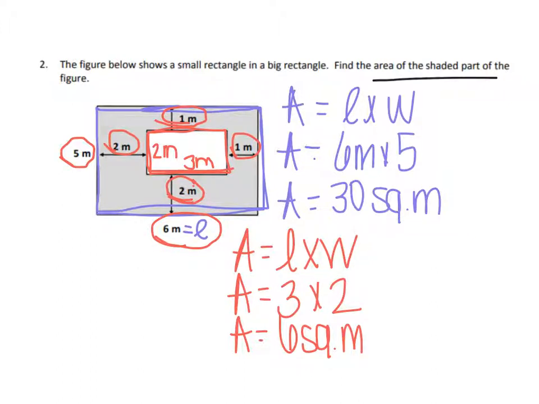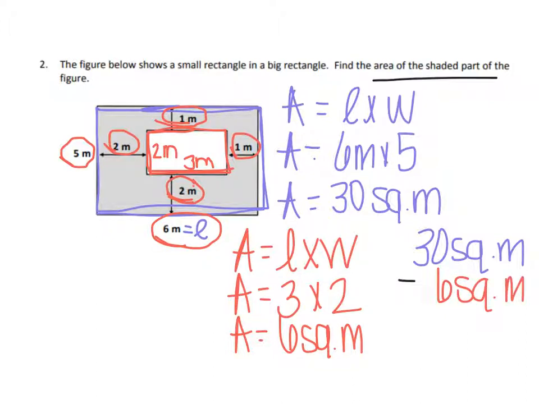So now what I need to do is find just the shaded part. So I have to take the area of the purple rectangle, which was 30 square meters, and then I'm going to have to subtract the red unshaded rectangle.